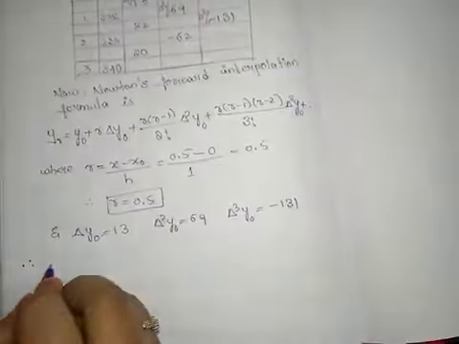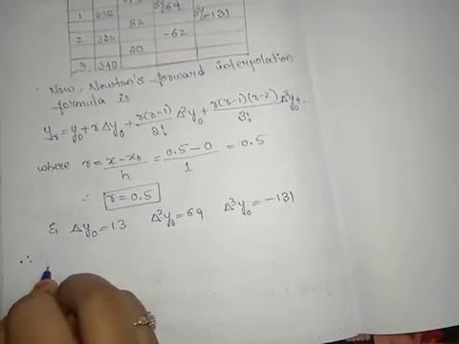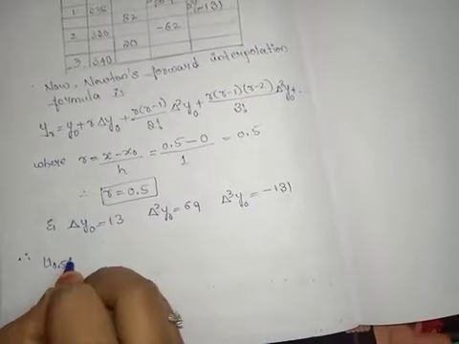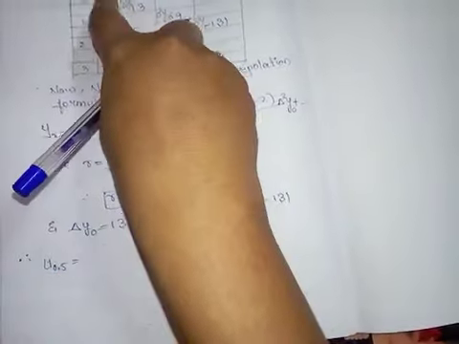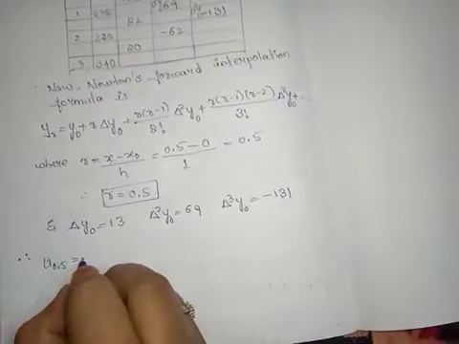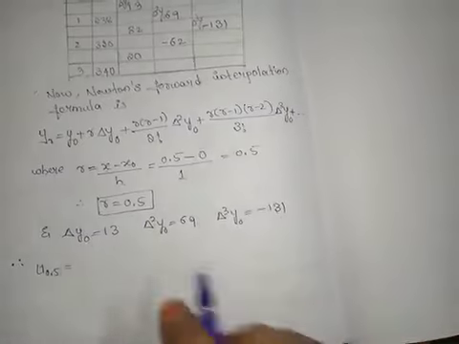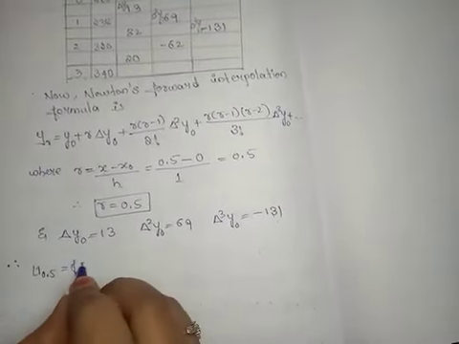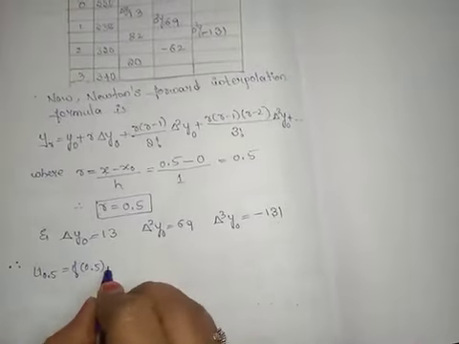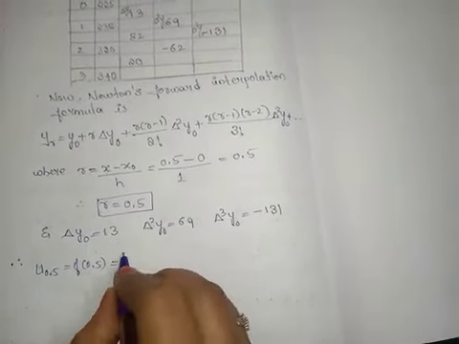We get y at 0.5. We know that y is equal to f of x. If you want, write f of 0.5 here also, otherwise keep it as it is.